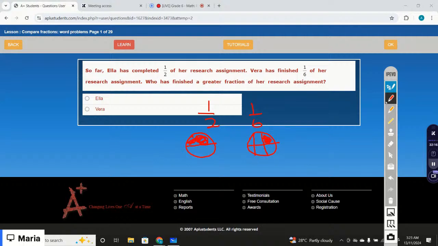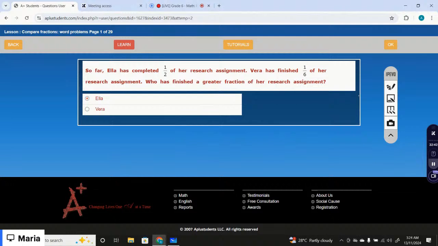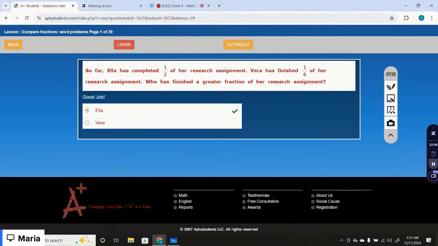So, who completed more? 1 by 2 is the one. The half one is the one who did the most, right? So who did half? Ella. So Ella is the one who did the greater fraction of her research assignment, right? So the correct option is Ella. Option number 1 is the correct option. Ella it is. Got it? Option number 1.